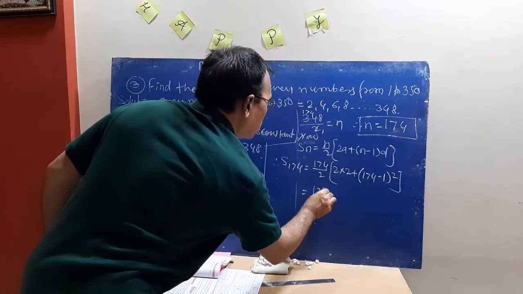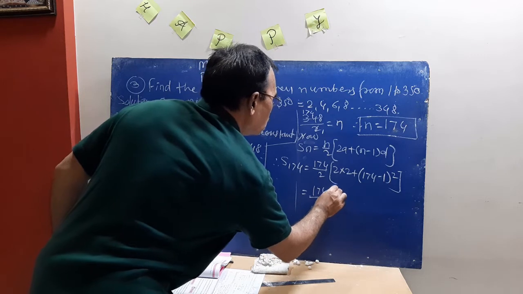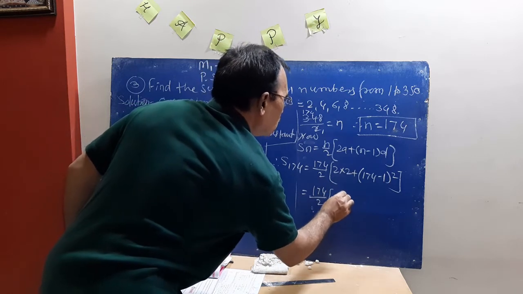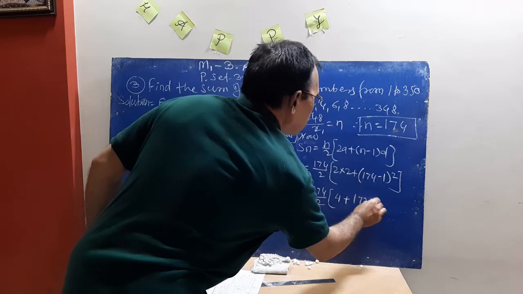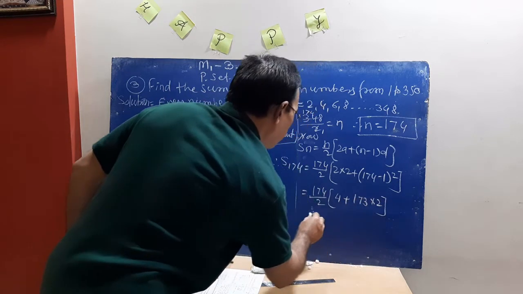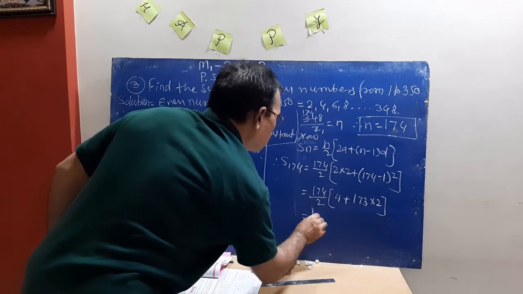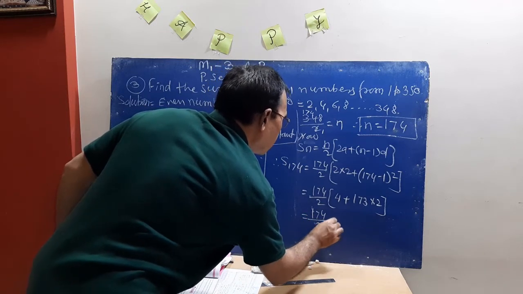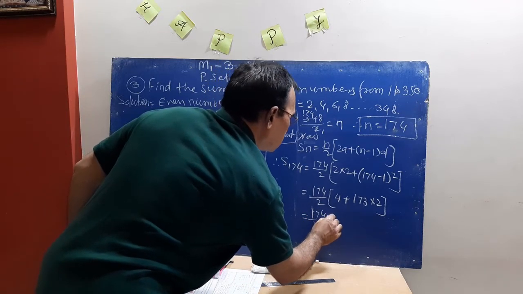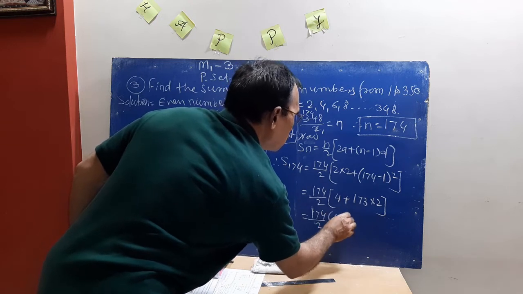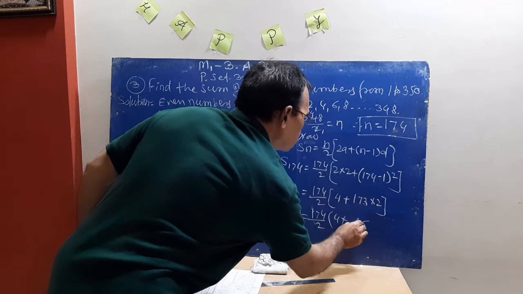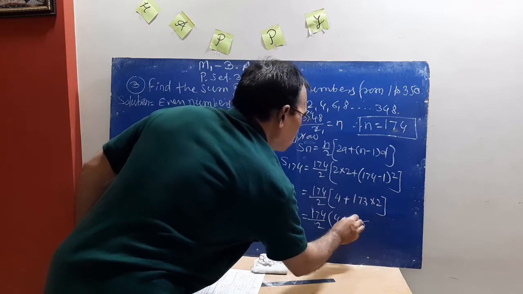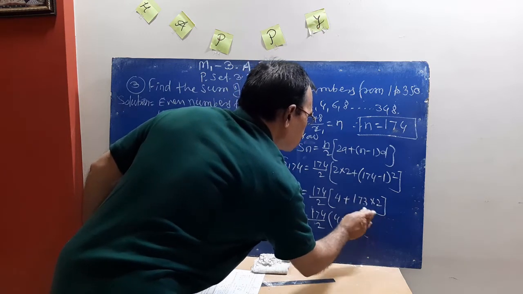That is 174 divided by 2 in bracket 2 twos are 4 plus 173 into 2, which is 346.